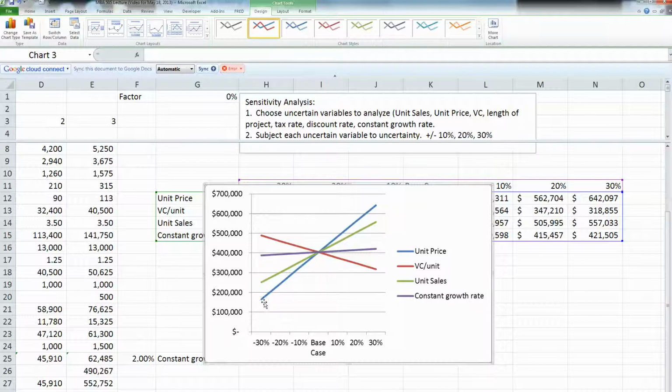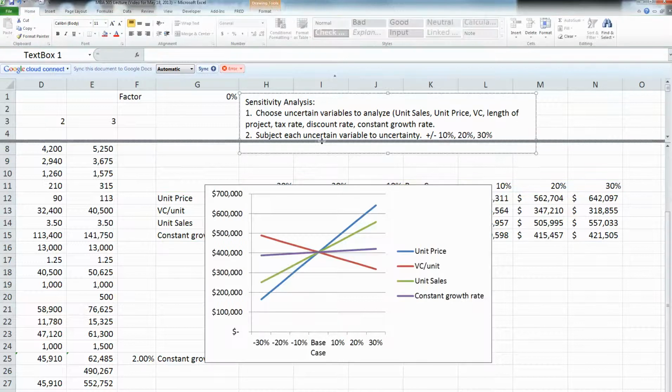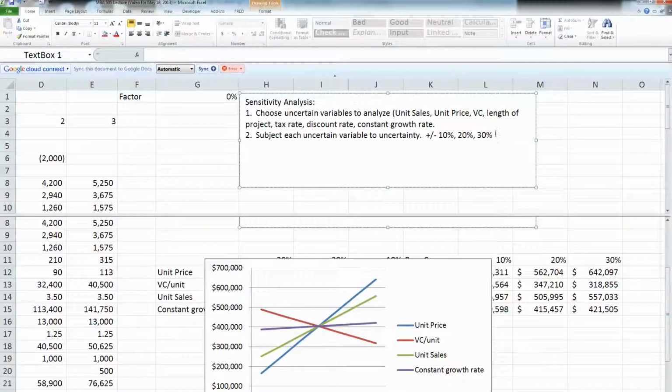So if I'm wrong and customers won't be willing to pay $3.50 for it, if they only are willing to pay, let's say, $2, my project's going to be very sensitive to that. So that's what a sensitivity analysis does. It lets you, in this case, visually assess the sensitivity of a project to a particular variable.